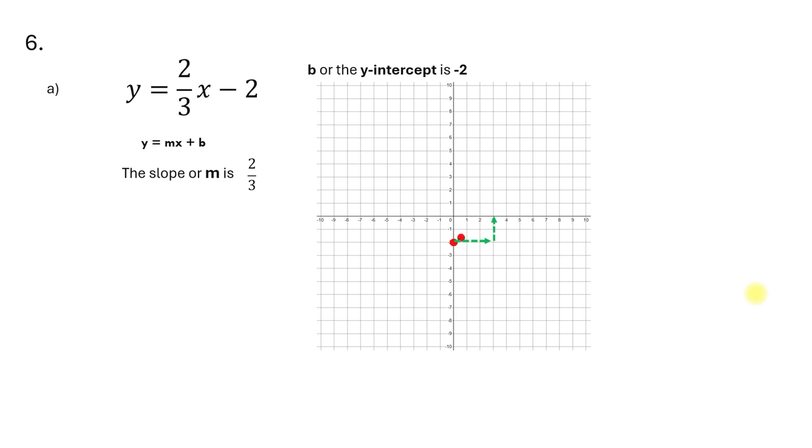We can plot that point. A run of 3, rise of 2, plot that point, put a line through it, and there's our graph for the equation y equals 2/3 x minus 2, with a slope of 2/3 and a y-intercept of -2.